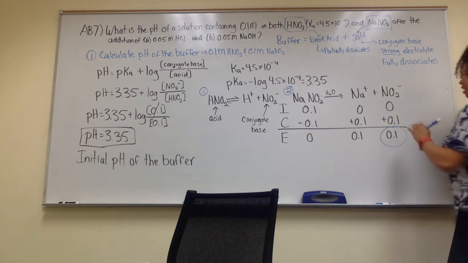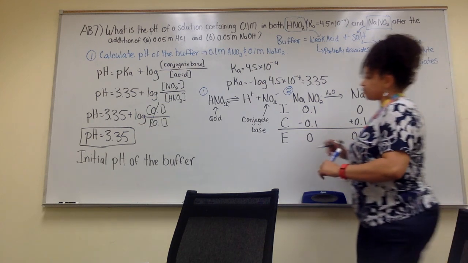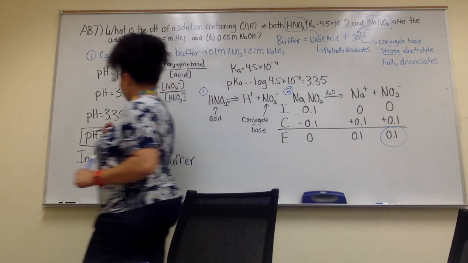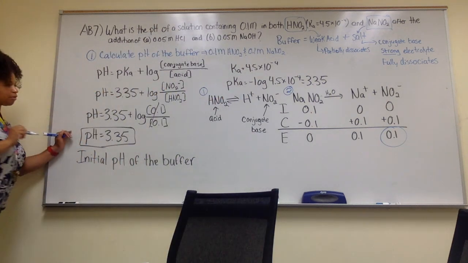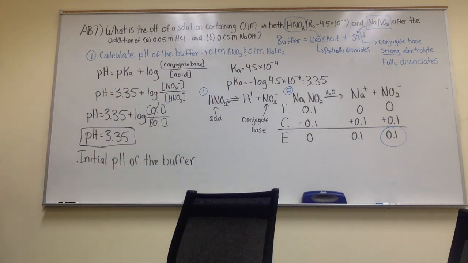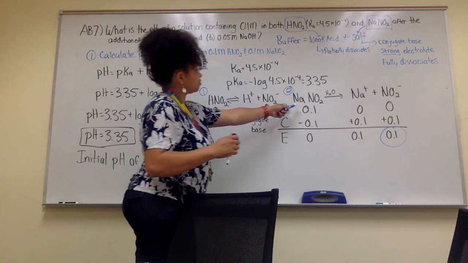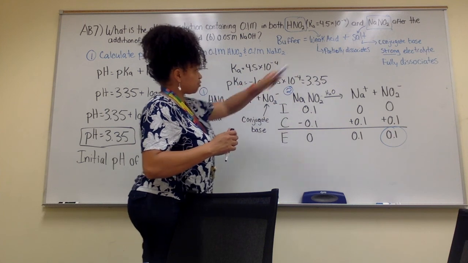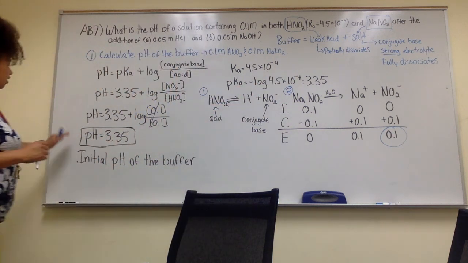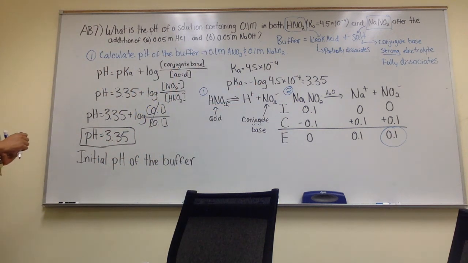It's the same thing. It ends up being where we have 0.1 over 0.1, and then it gives us a pH of 3.35. We just know that now the supply for the increased number of anions comes from the presence of the salt being here for the buffer. Okay, so this is our initial pH of the buffer.